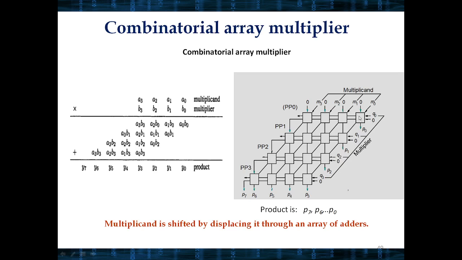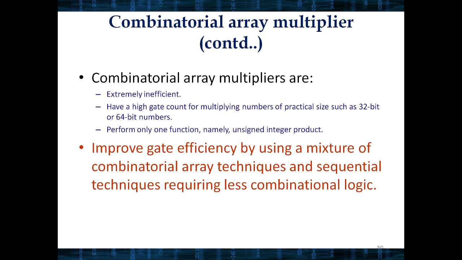Just imagine how many gate delays will be introduced in the overall multiplication operation. That's why combinatorial array multipliers are inefficient. It is an inefficient method.